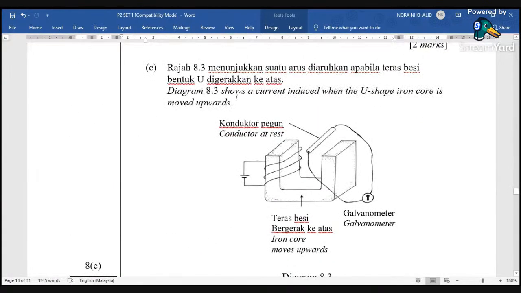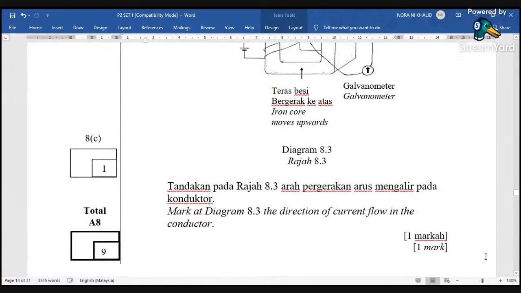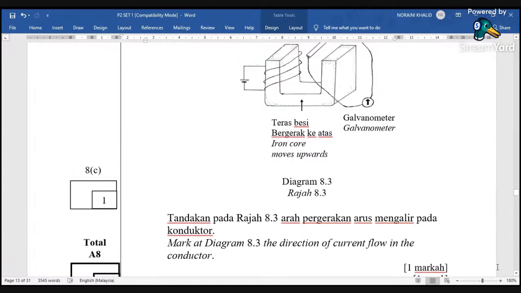Okay, diagram 8.3 shows current induced when U-shaped iron core is moved upwards. Mark at diagram 8.3 direction of current flow in the conductor.